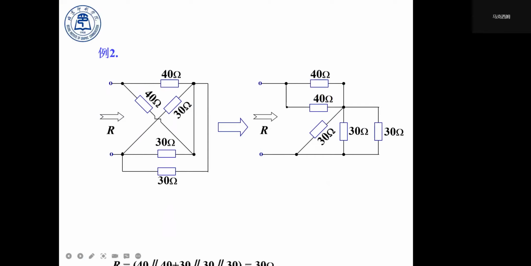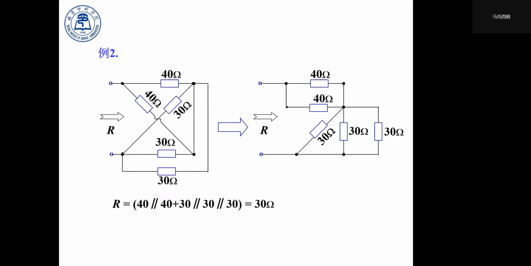So in this case, we're using the trick to transform the equivalent complex network into a simplified network. In this form, this symbol represents parallel, and the plus means they are in series connection. So we replace this stuff by this stuff, right?